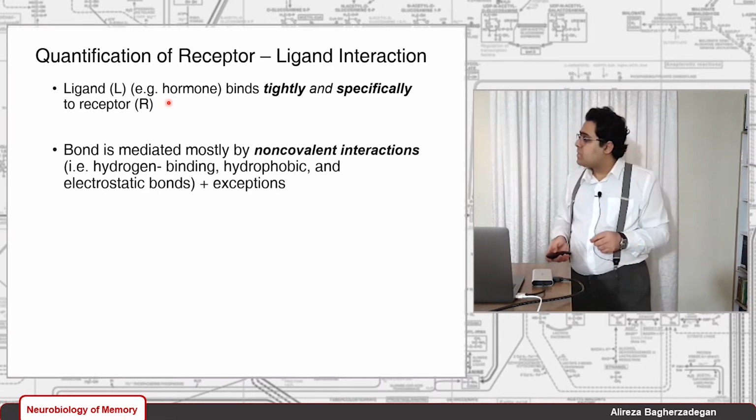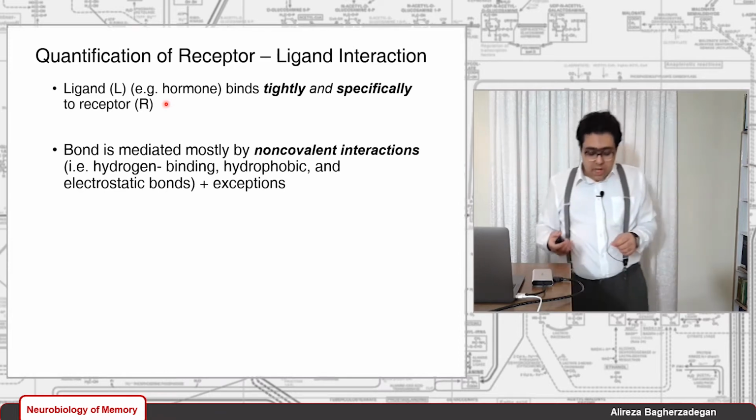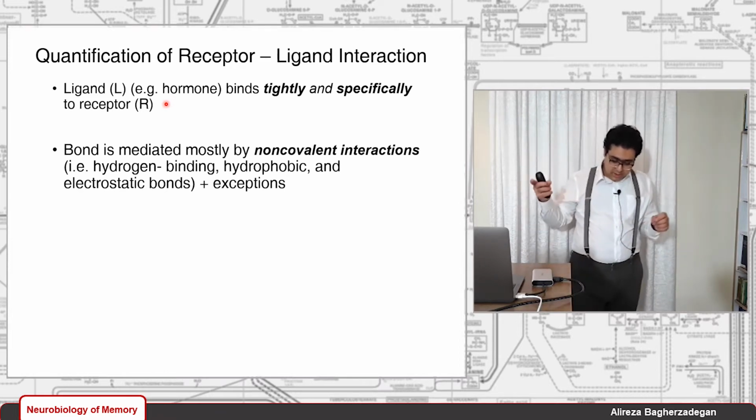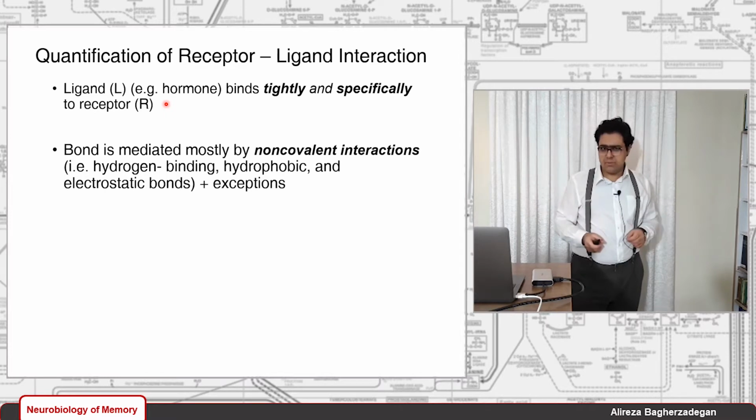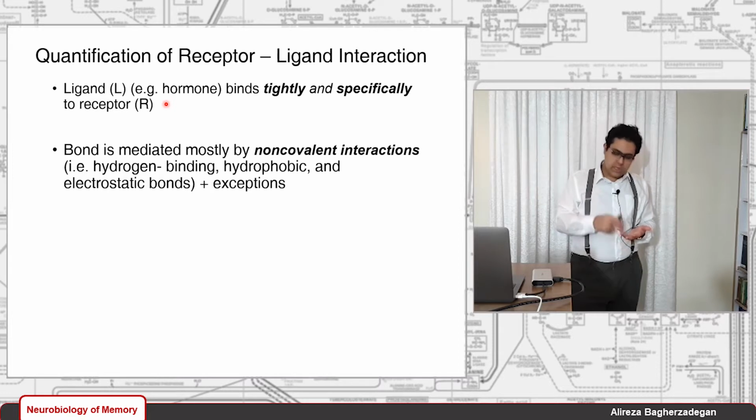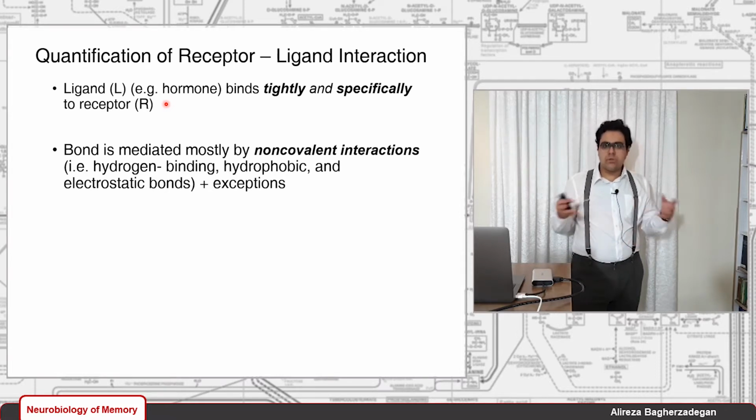The bond between the ligand and the receptor is mostly mediated by non-covalent bonds: hydrophobic interactions, hydrogen bonds, electrostatic interactions or ionic bonds, van der Waals interactions. These are all examples of non-covalent bonds, and they play a role in receptor and ligand binding.